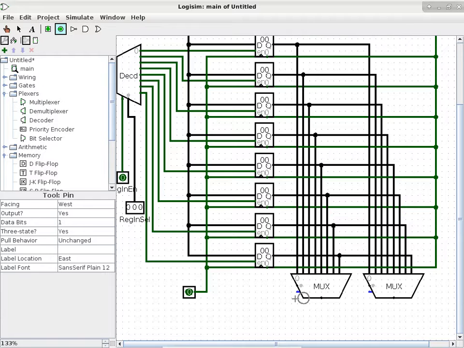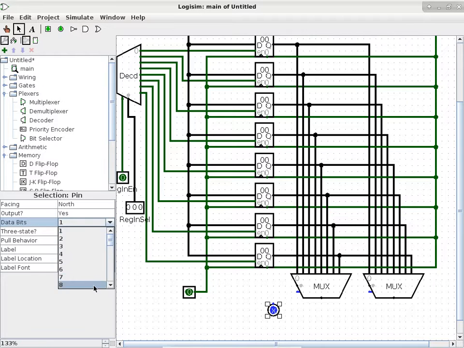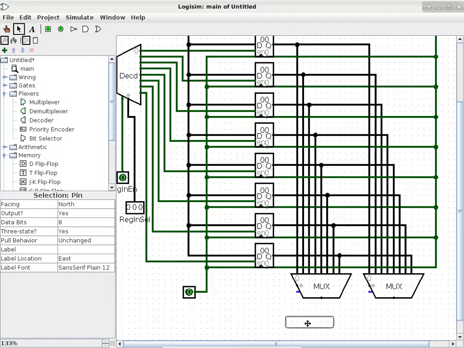Gotcha. All right, so now we specify the outputs. So we have an output pin facing south. Actually, we want, let's see. Yep, facing north is right. We want data bits, okay? And we put one for each multiplexer. This is the first output. This is the second output, okay?